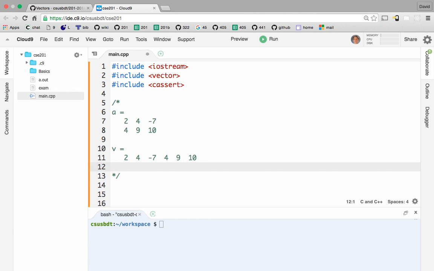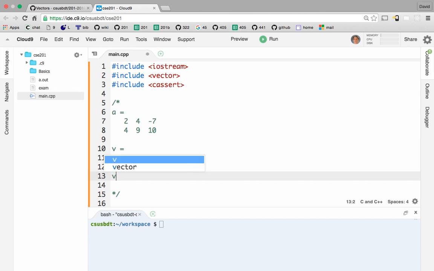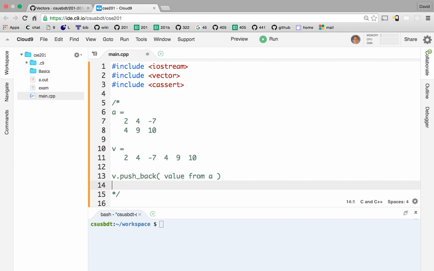You're going to need push_back for that operation, putting in some value from A. Then at the end of the function you return V.